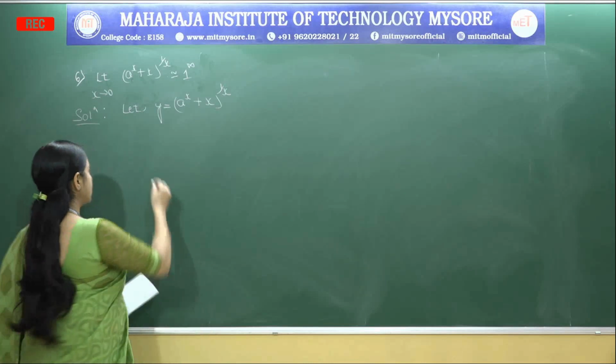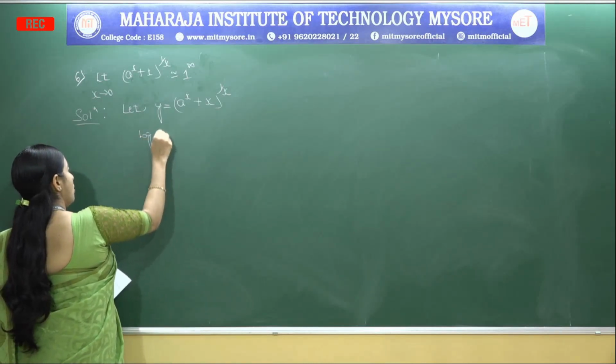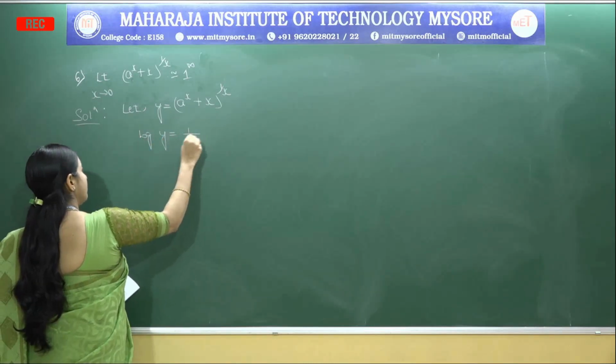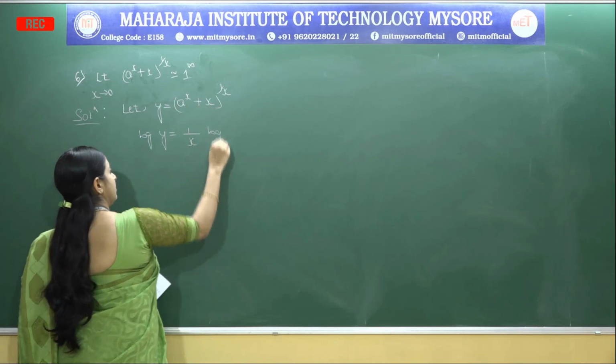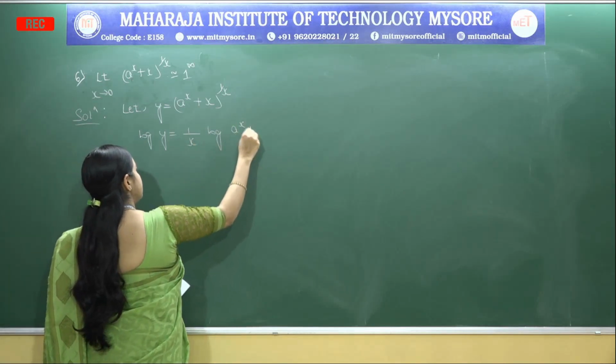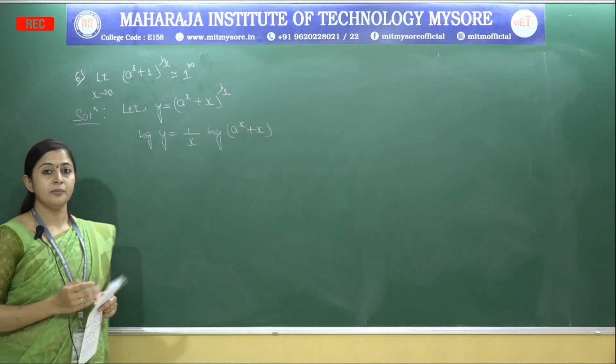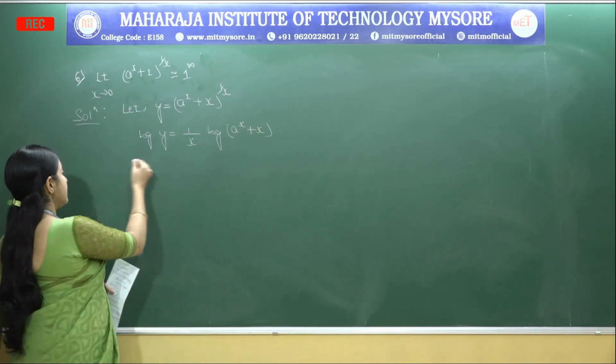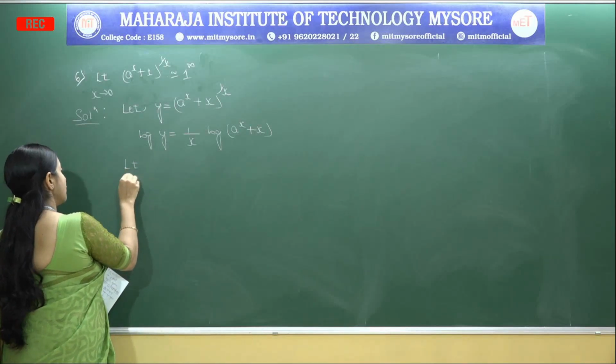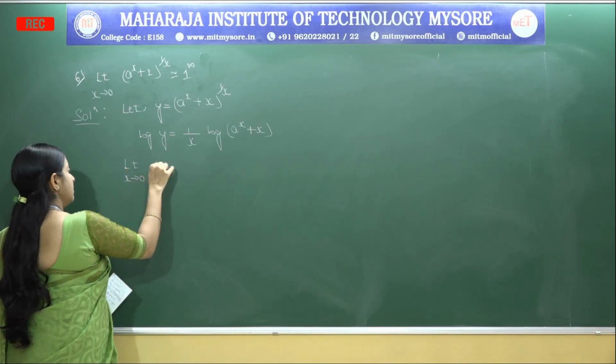Then take the log on both sides. Log y equals 1 by x log a power x plus x. I apply the property log a power m, m log a. Then take the limit as x tends to 0 on both the sides.